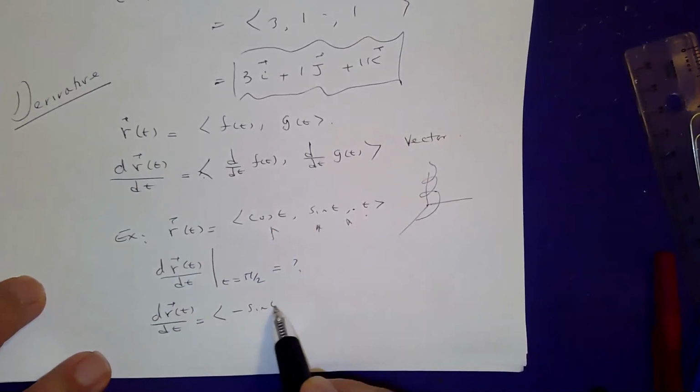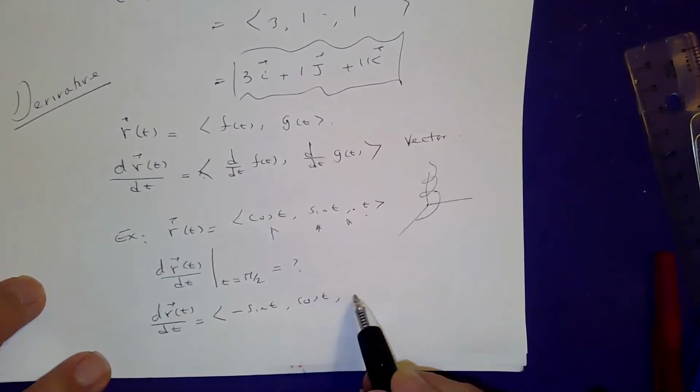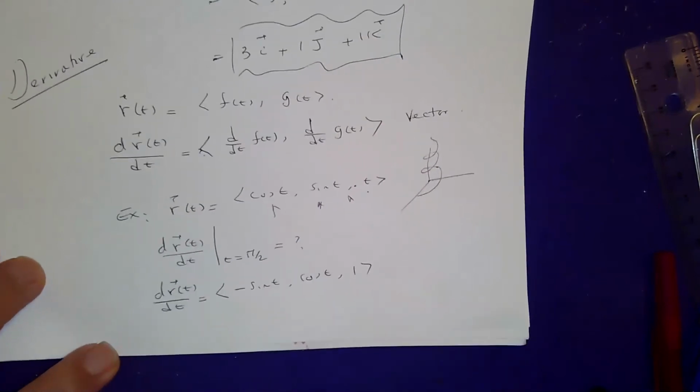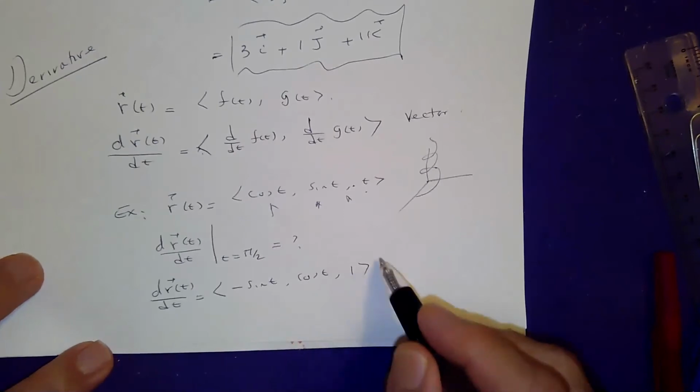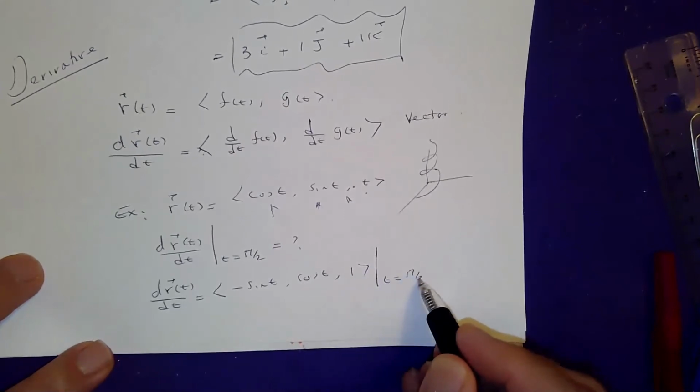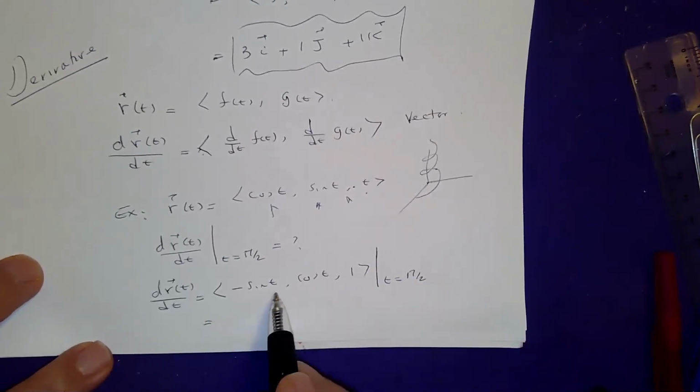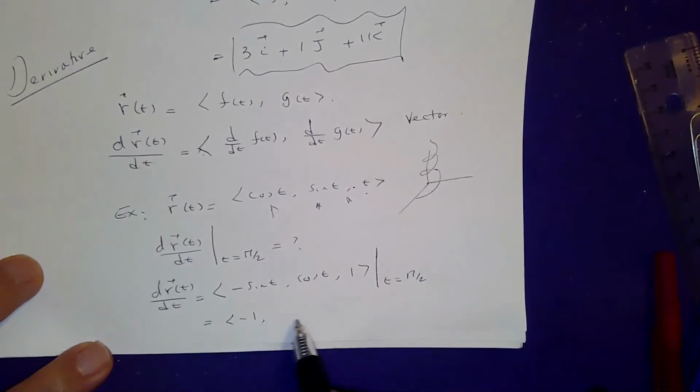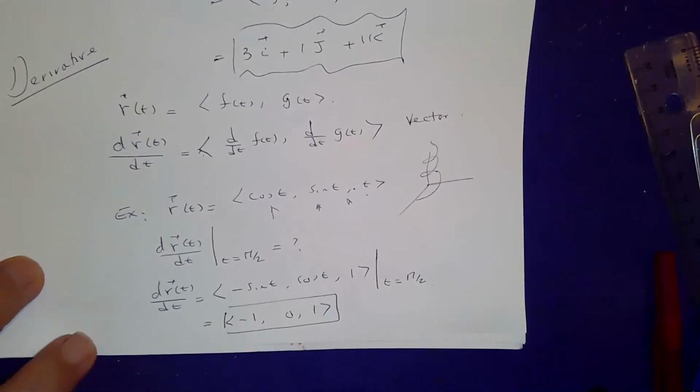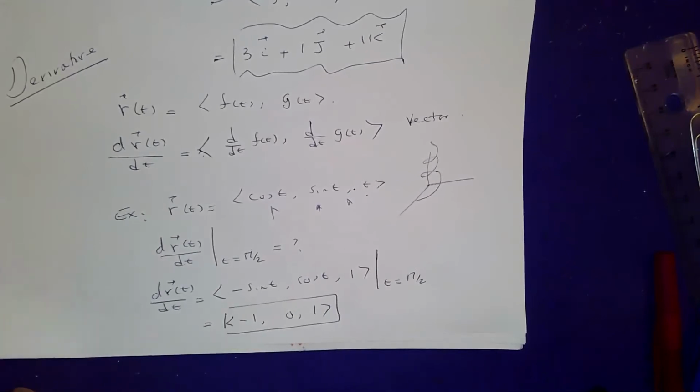So that will be minus sine of t, cosine of t, and 1. Correct? Now they want me to evaluate the derivative at pi over 2. Sine of pi over 2 is 1. Cosine is 0. So there goes the final answer. Do you see it? Right? Do you all see it?